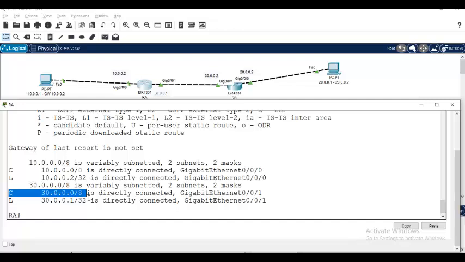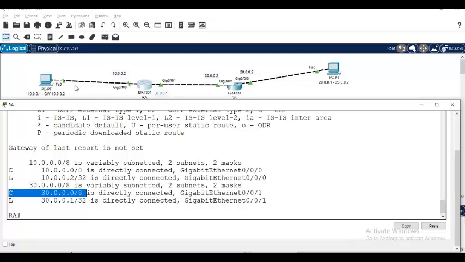Now, see, this router does not know the route for which network? This router does not know the route for 20. At this moment, if you ping from PC A, which is on the left-hand side, see what you get.